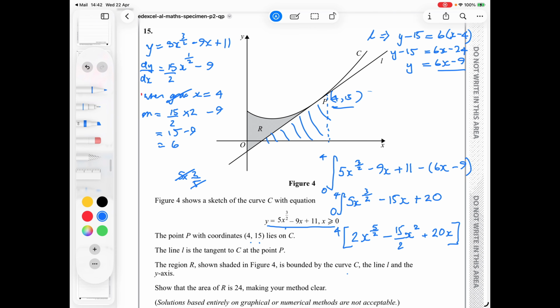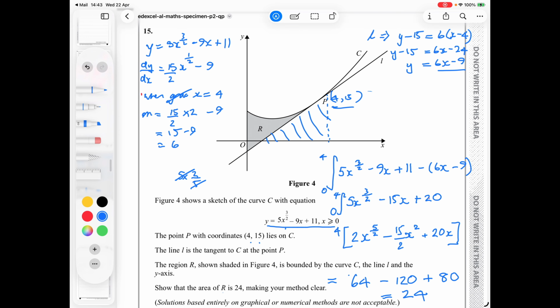You can always use your calculator for this, but we get x to the half is 2, 2 to the 5 is 32, so 2 times 32 is 64, minus 4 squared is 16, 16 divided by 2 is 8, 8 times 15 is 120, plus 80. Now, that is 40, and 64 minus 40 is 24.